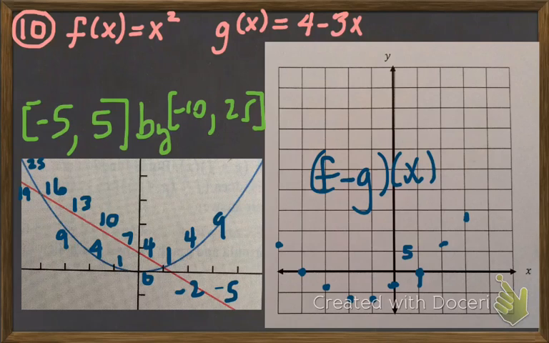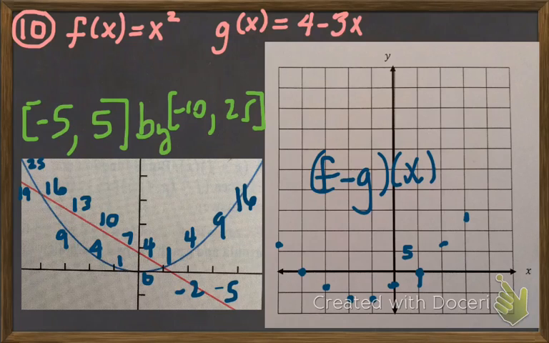Okay, 14. All right, and then now we're plugging in 4. I'm sorry, I lost my train of thought there for a second. All right, so 4 squared would give me 16 for the parabola, and then 4 minus 12 would be negative 8. So now we have 16 minus negative 8, which would be 24.